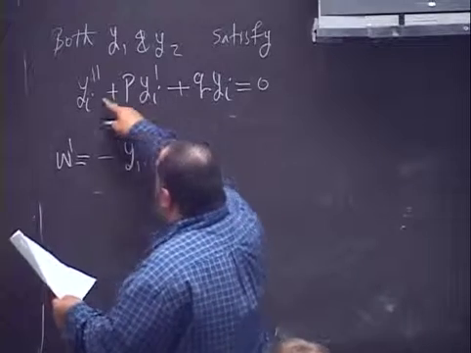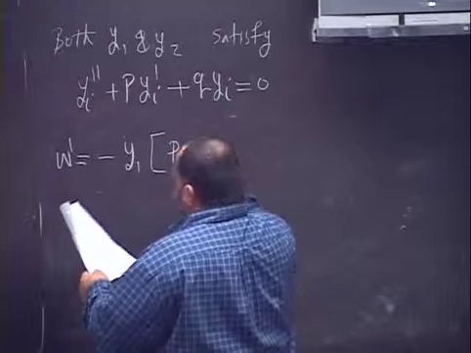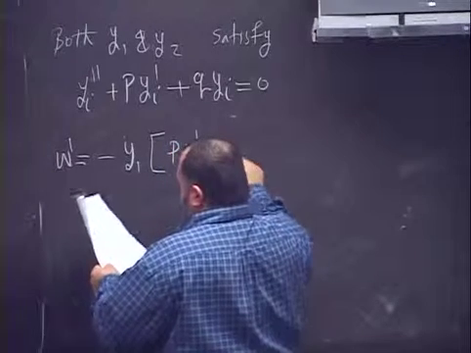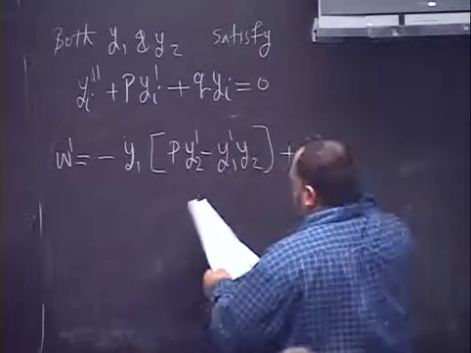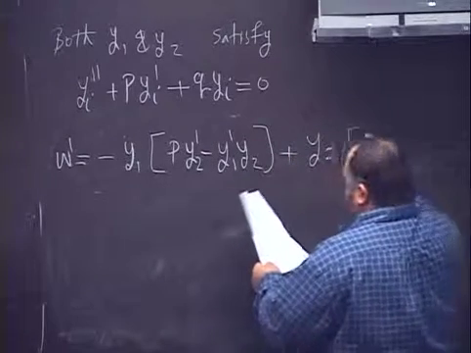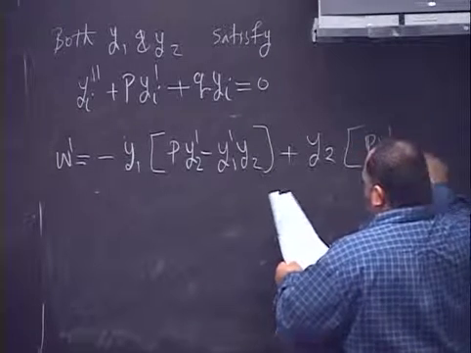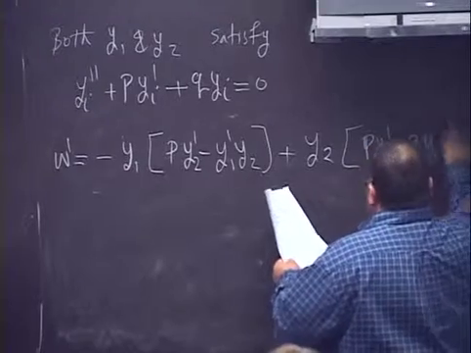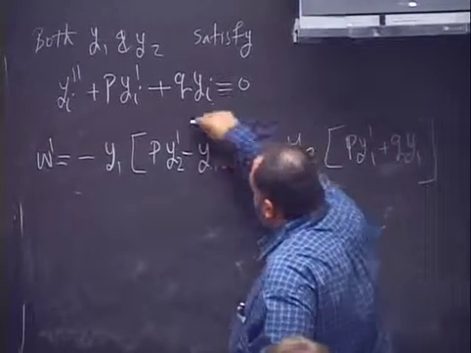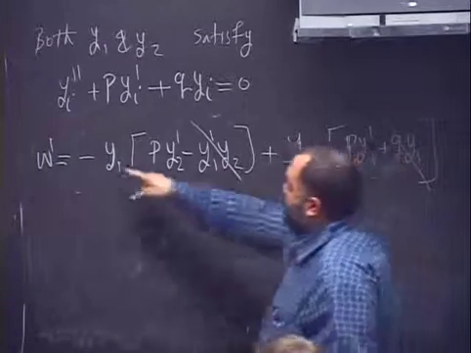You will get y2 double prime from here. y2 double prime is just p multiplied by y2 prime minus y1 prime, y2 plus y2 multiplied by p multiplied by y1 prime plus q y1.